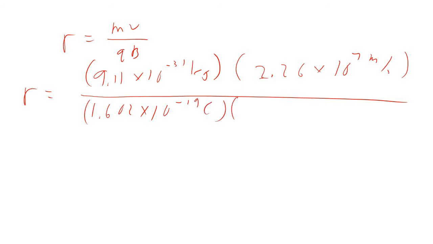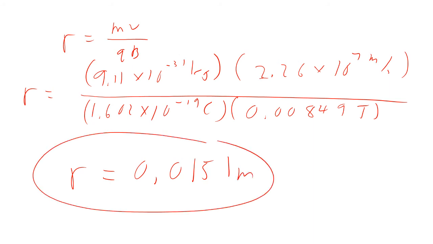And the B, I said, was 0.00849 Tesla. So the cyclotron radius is going to be 0.0151 meters. Okay, so about 1.5 centimeters.